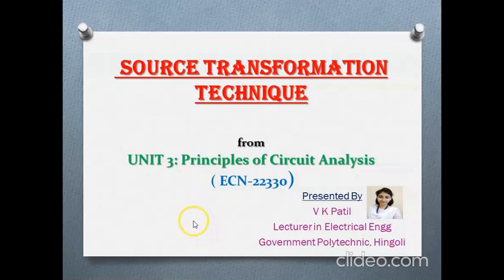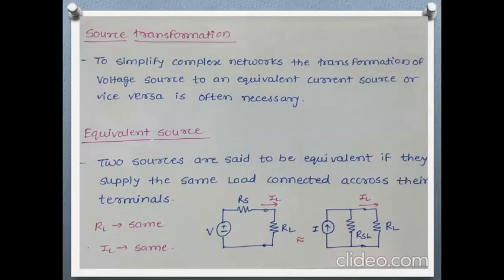In the previous session, we have discussed different types of sources which are used in electrical circuits and network. In this session, we are going to discuss source transformation technique, which is used to simplify the given circuit. So let's get started. The source transformation is used to simplify the complex network by converting a given voltage source to an equivalent current source, or a given current source to an equivalent voltage source, when it is necessary to simplify the complex circuit.